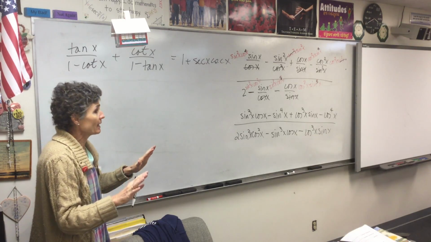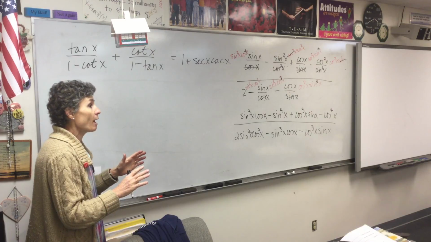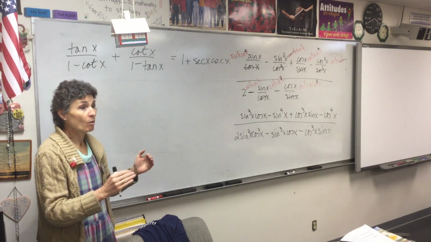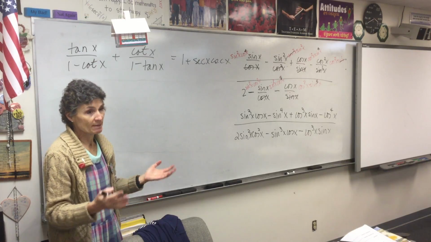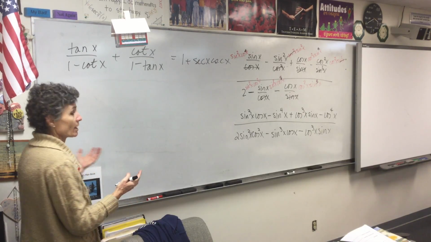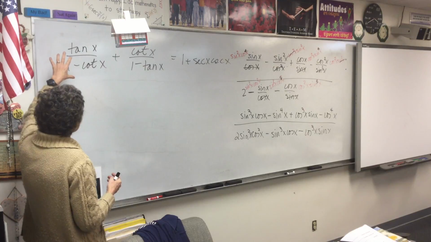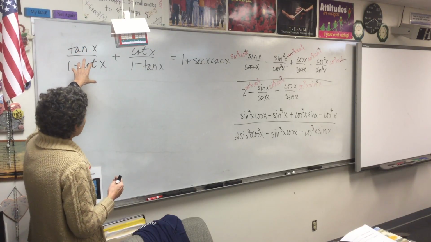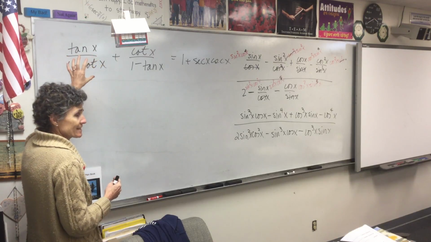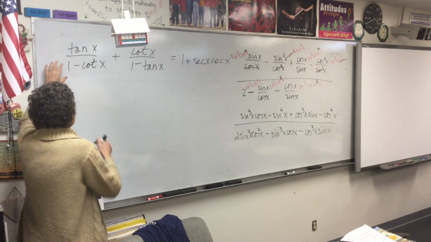That is a good plan, but like proofs in geometry, sometimes you get going and all of a sudden you get to a point and say, wait a minute, let me try something different. So that's what we're doing. Let's take just this one, and change just it into sines and cosines and see what happens.